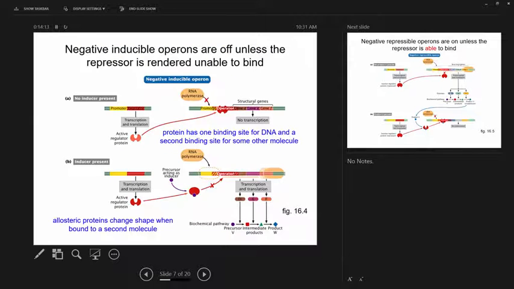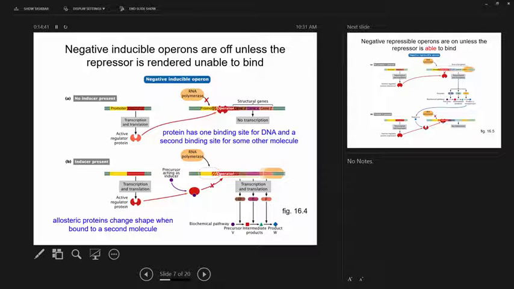Let's start out with a negative inducible operon. There's a lot here, but I'll go through it with you slowly. Because it is negative inducible, let's start with inducible. What's that mean? It means it's off unless it gets turned on. And negative means that the regulation is a repressor protein.